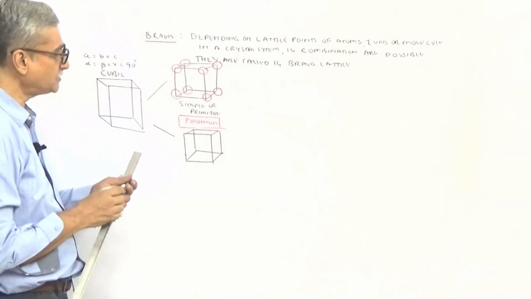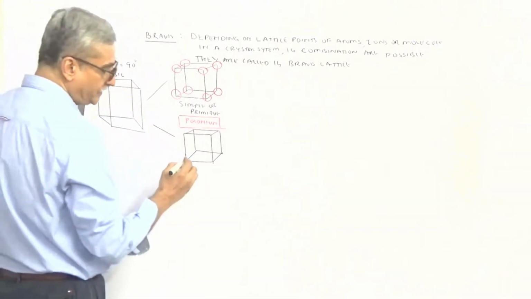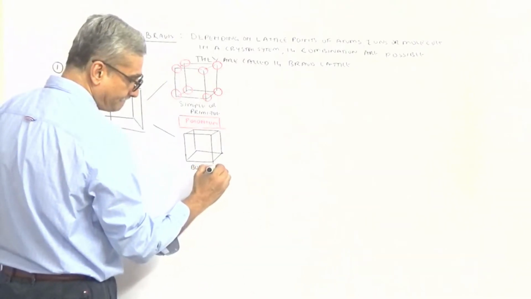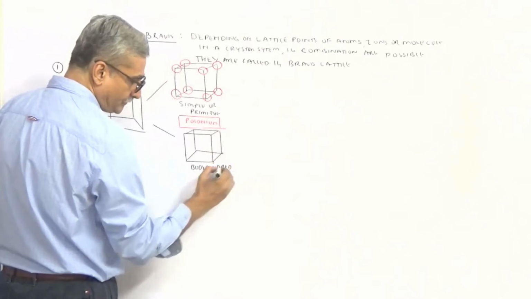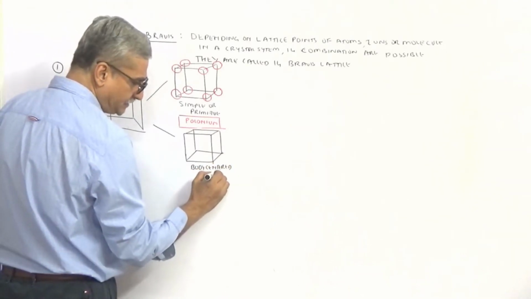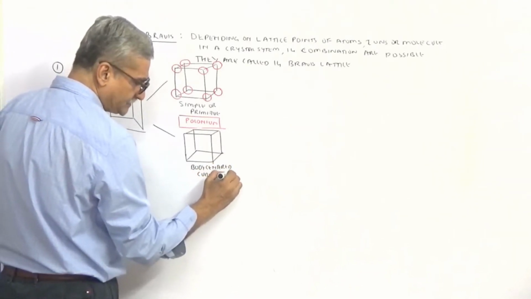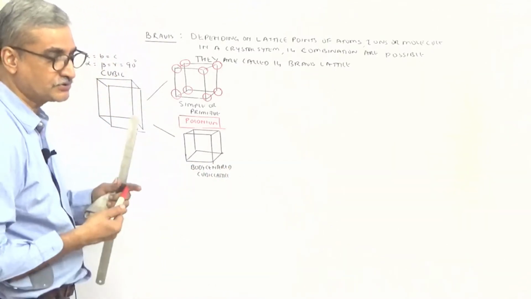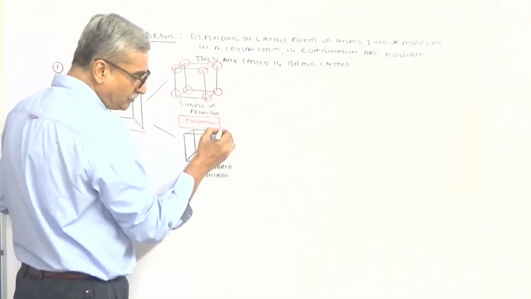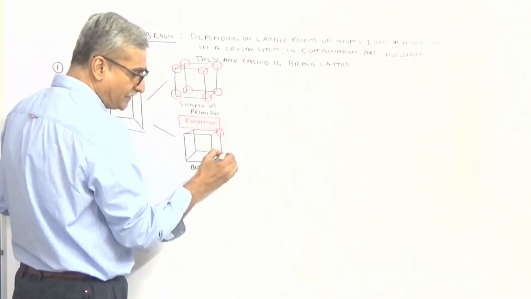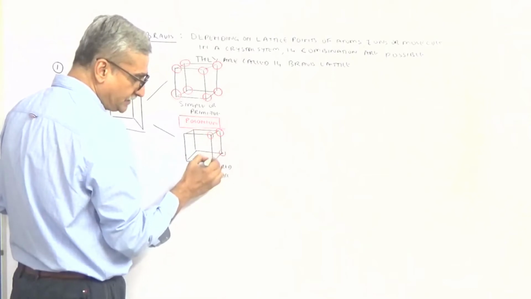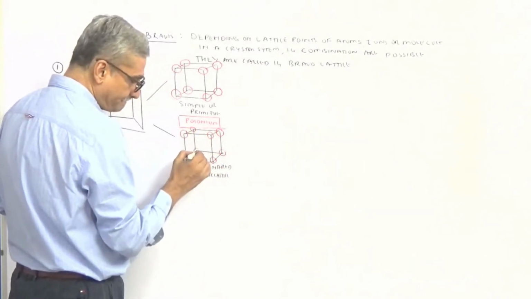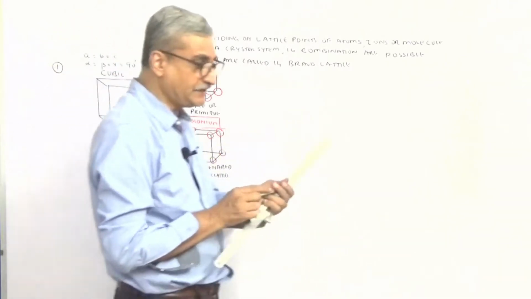If this was simple cubic, the next one was body-centered cubic lattice. So when you talk of body-centered cubic lattice, where are the atoms going to be present? The atoms are going to be present in the corner. Corner compulsory, you don't have any choice there. Corner compulsory, and there is going to be an atom at the center.